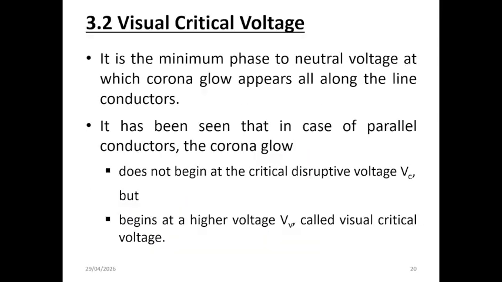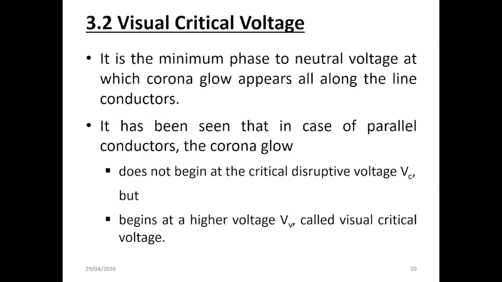Okay, visual critical voltage is defined as the minimum phase to neutral voltage at which the corona glow becomes visible along the entire length of the line conductors. At this voltage level, the ionization of air around the conductors is strong enough to produce a noticeable luminous effect, typically seen as a faint violet glow.